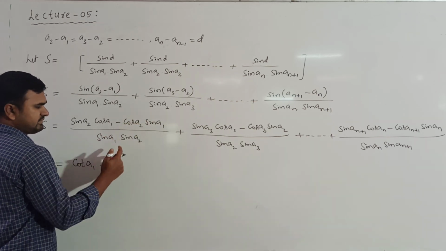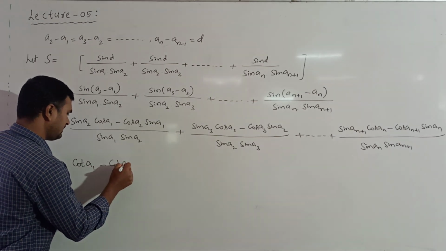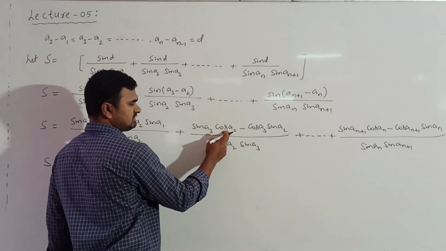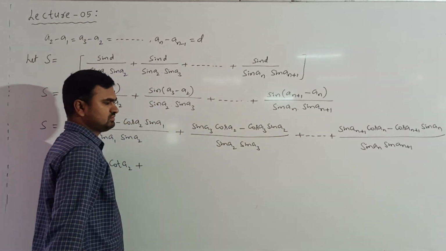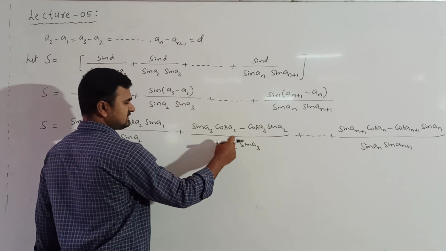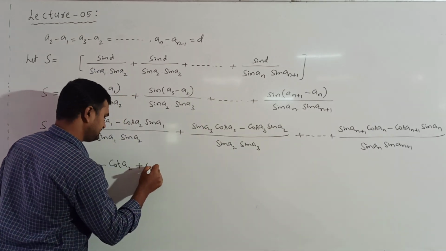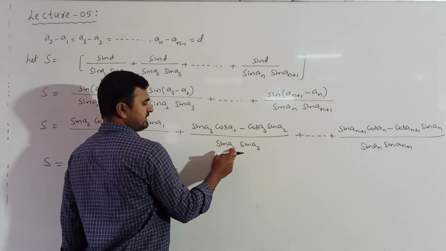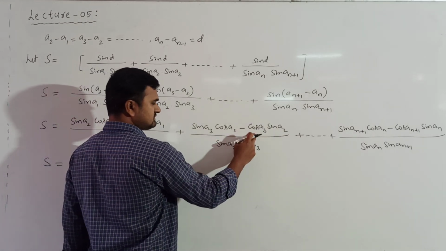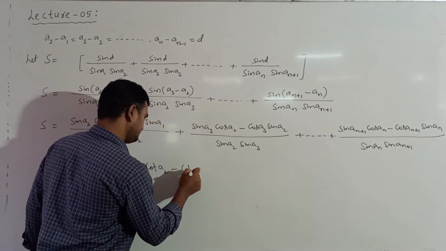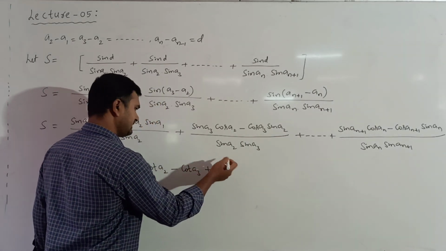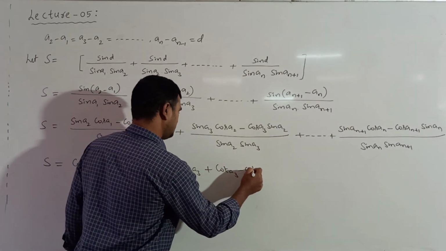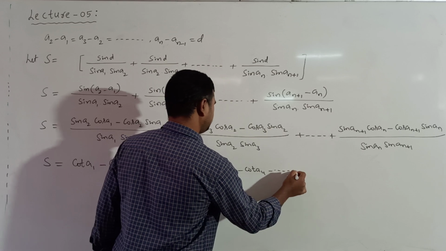Cos a2 divided by sin a2 is cot a2, plus dividing sin a3 cos a2 by sin a2 sin a3, sin a3 will get cancelled. So it is cot a2 minus, dividing, sin a2 will get cancelled, so it is cot a3. So next we will get plus cot a3 minus cot a4 and so on.